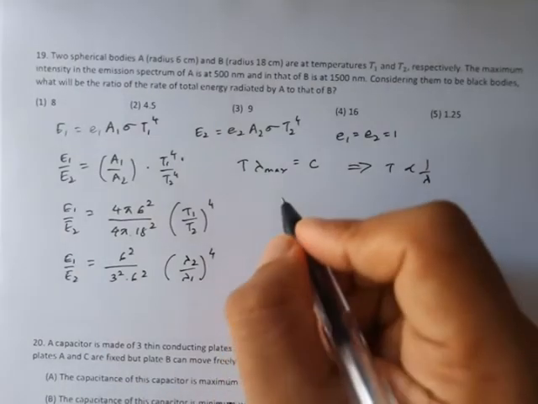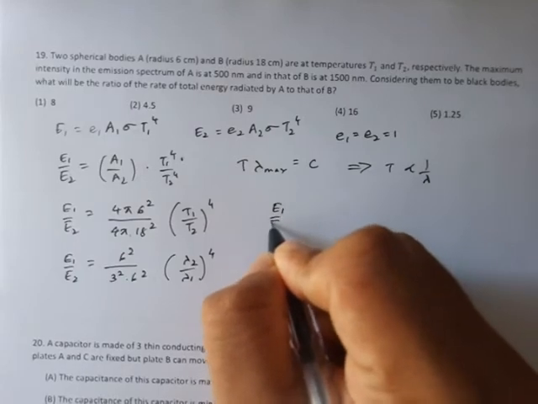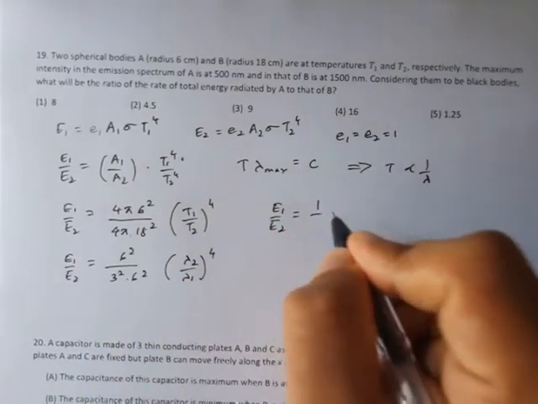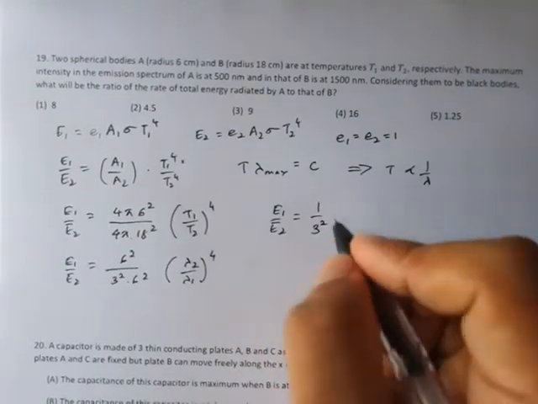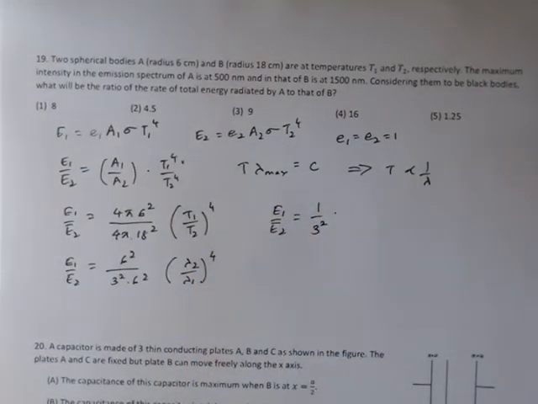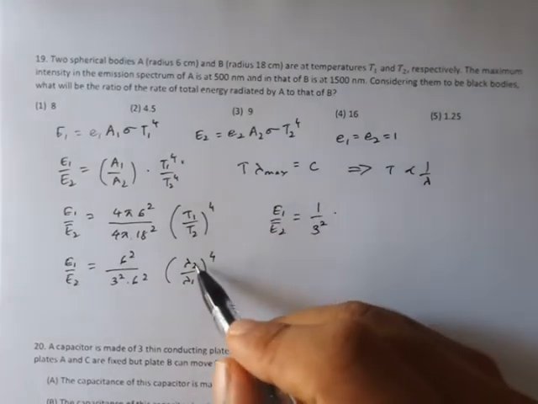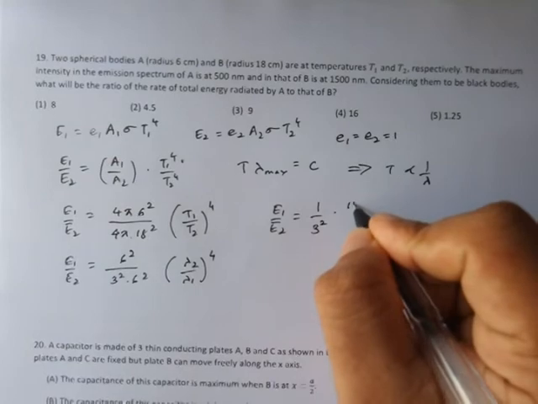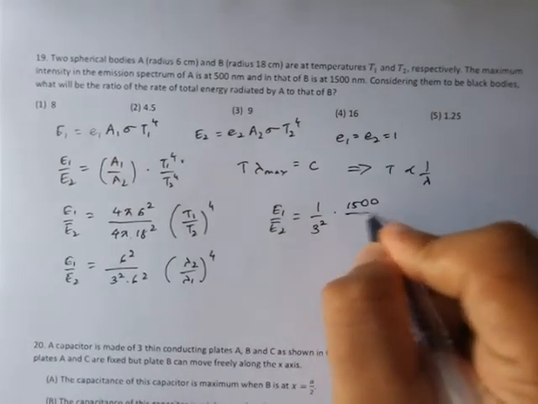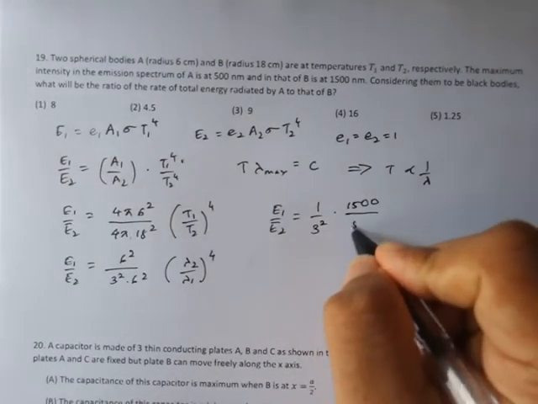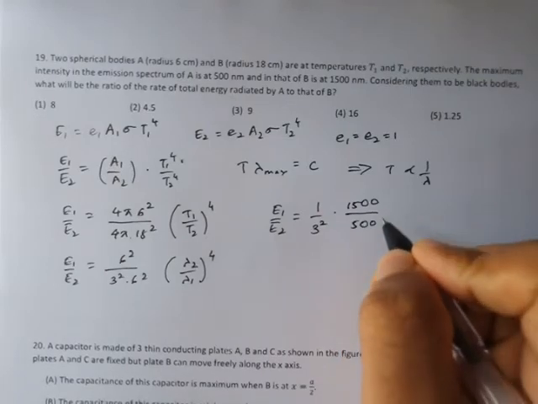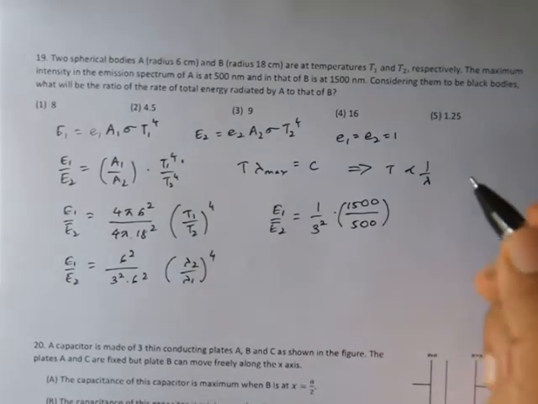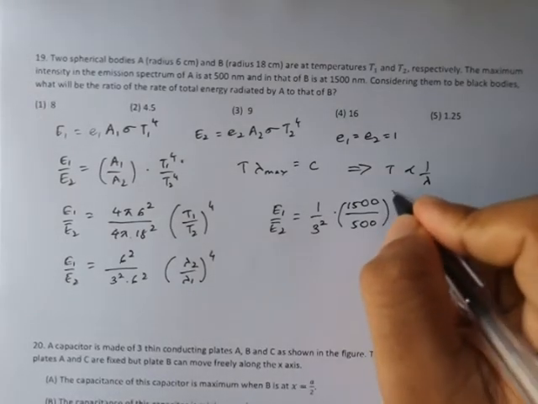So I get E1 over E2 equals 6 squared, 6 squared cancels off, 1 over 3 squared times lambda 2 over lambda 1. Lambda 2 is the wavelength of B, which is 1500 nanometer, over the wavelength of A, the wavelength which gives maximum emission, to the power 4.